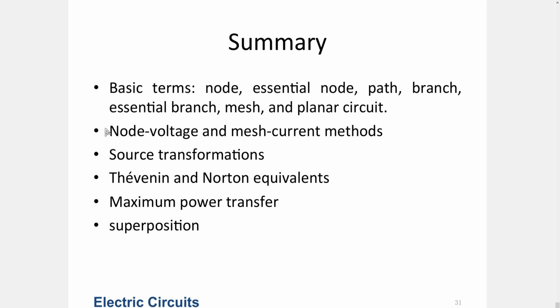But the modern computer systems that simulate circuits, or that we use to design circuits, typically use node voltage methods and modified node voltage methods to automatically solve a circuit of any complexity using the mathematics of linear algebra and matrix algebra.